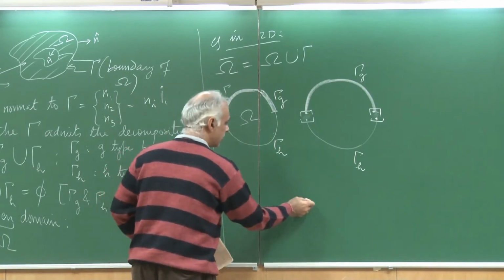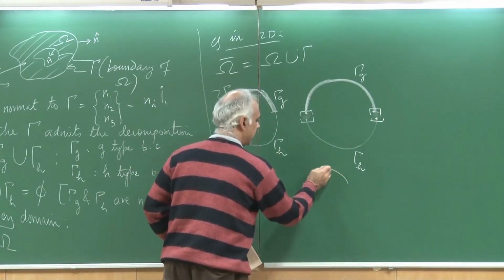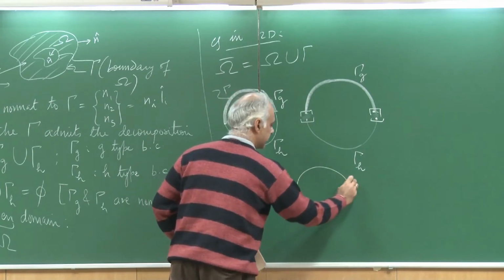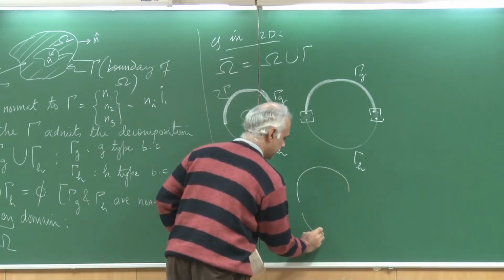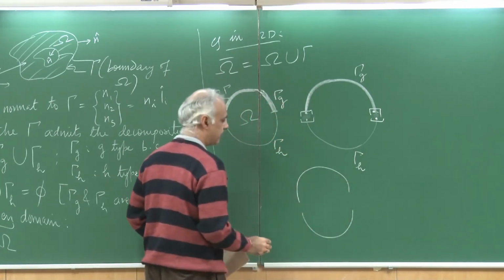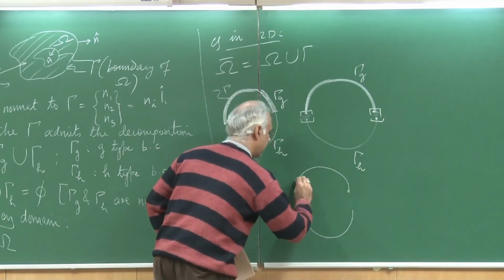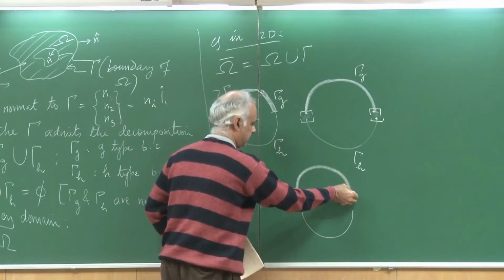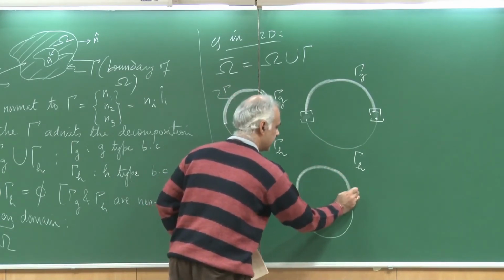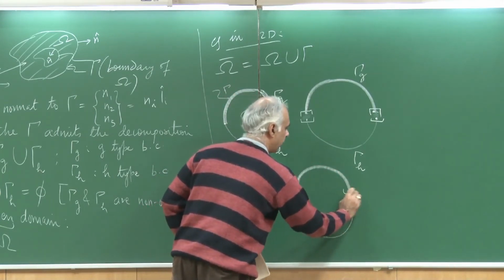I can also talk about a closed boundary. So, let me draw a diagram of that. I have taken the same boundary, and this time I am going to enclose these points on the boundary.